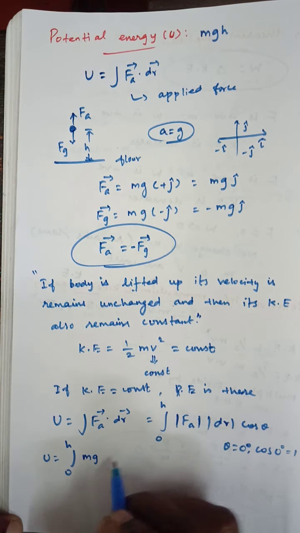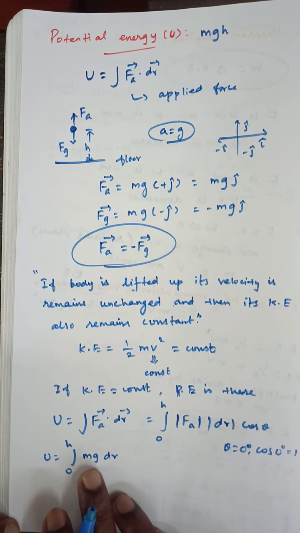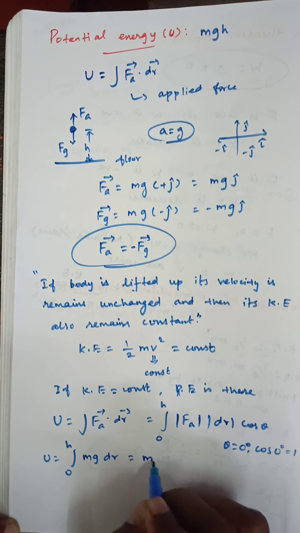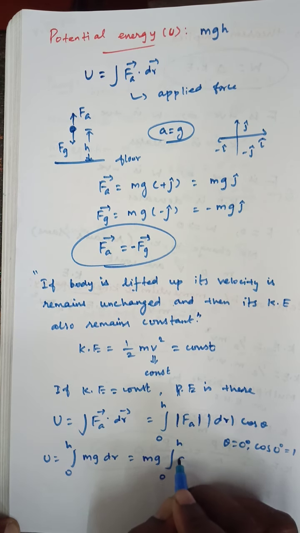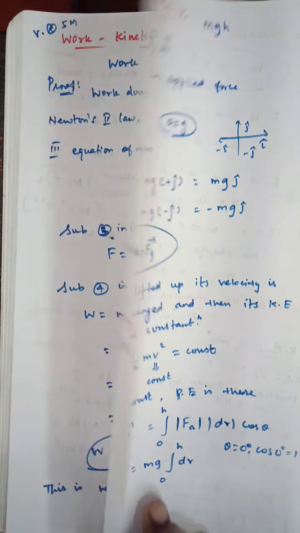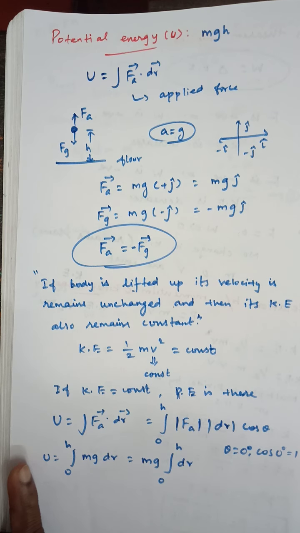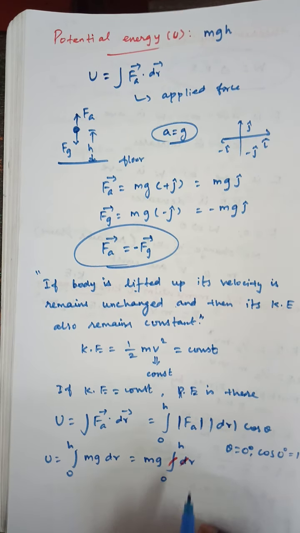Then only we have dr. Mg into dr. Here Mg is constant, take note of integral, so write Mg into integral of 0 to h into dr. Here we have integral and differentiation, so both are opposite character, so they cancel each other. So we have only r.